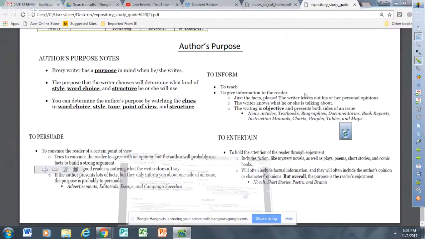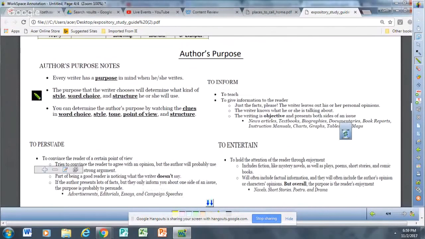On this section right here, the thing I mostly want you to notice is whether they are persuading you, informing you, or entertaining you. But again, the main aspect of all of this is it's asking you why. You need to realize that there's going to be a purpose.